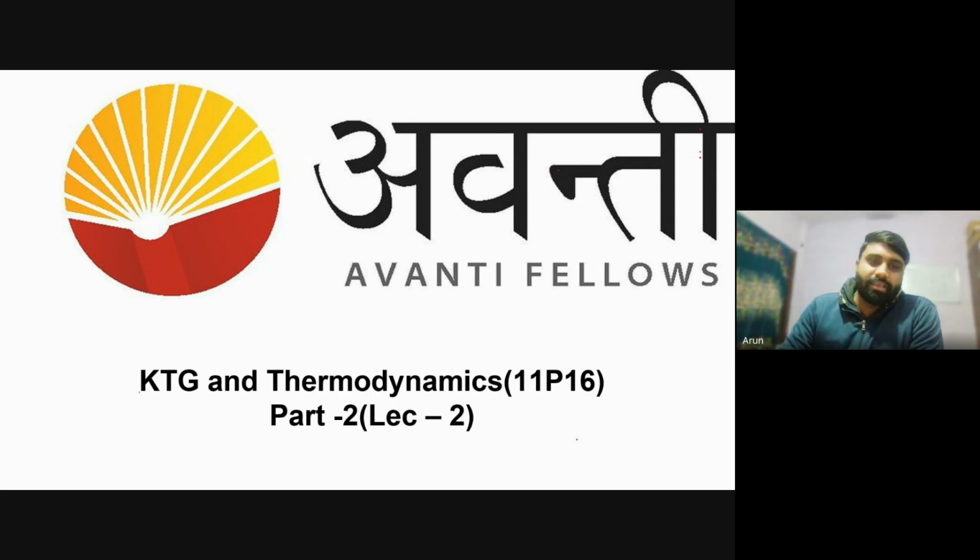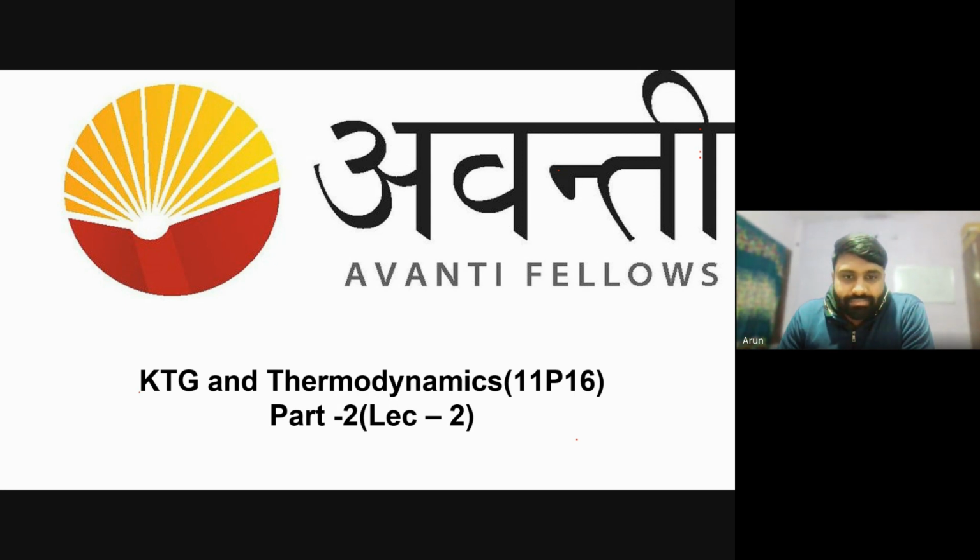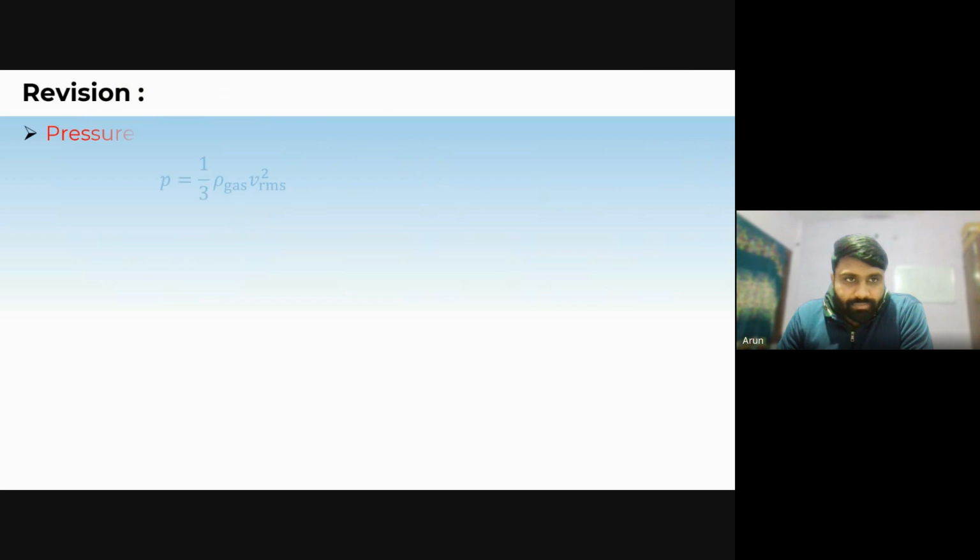So in lecture 1, if I talk about what we have discussed, we have mainly discussed the pressure of a gas or ideal gas exerted on the walls of a container.